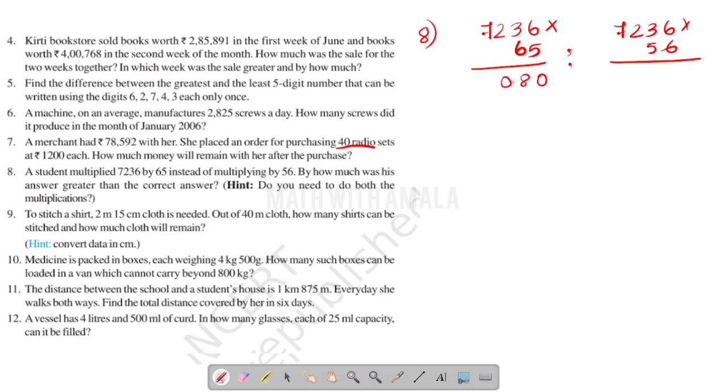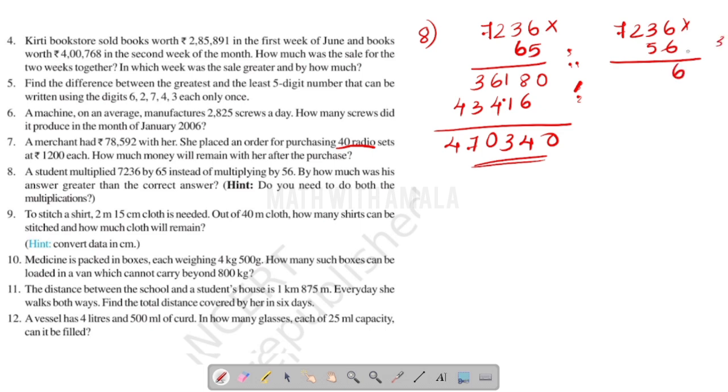Now let's do the actual multiplication in order to identify the difference between these two methods. In the actual multiplication method, let's multiply the number 7236 by both 65 and 56. So you are getting 4,70,340 in the first multiplication, that is the multiplication with 65.